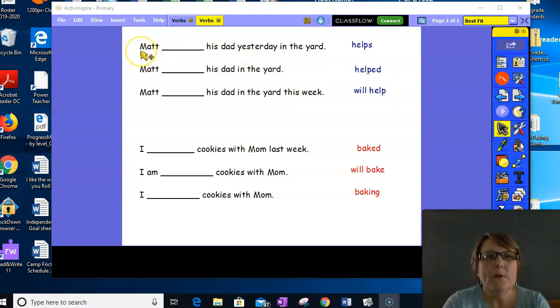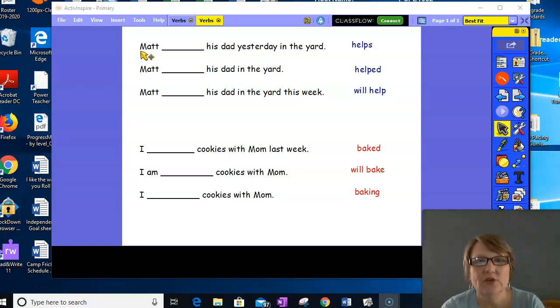Number 1 here. Matt blank his dad yesterday in the yard. Matt helps his dad yesterday in the yard. Matt helped his dad yesterday in the yard. Matt will help his dad yesterday in the yard.